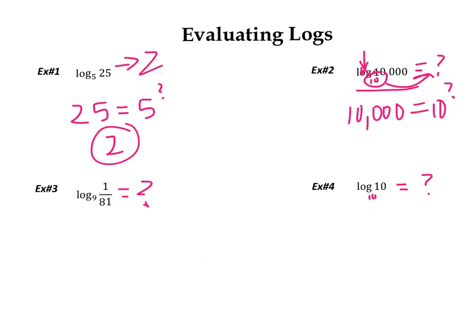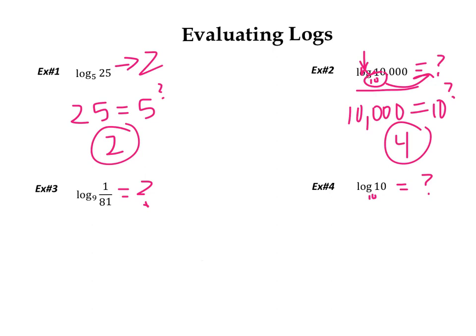That means it's 10 to the 4th power. So this question mark equals 4. So instead of dealing with log base 10 of 10,000, you can just say, hey, let's just talk about 4. Right? Here's where the power of logs comes into play. Instead of dealing with numbers so large in the 10,000s, you can just say, hey, it's 4, or hey, it's 2, right?